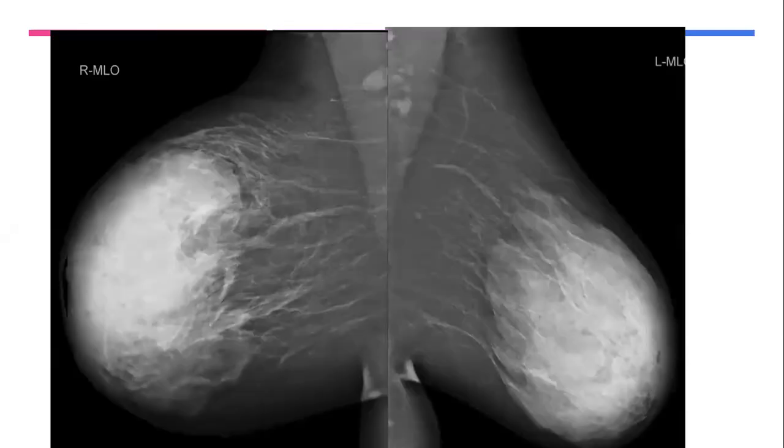Would you see any abnormality in this mammogram? Any appreciable findings? Asymmetry in the right breast. Where? In the right breast, global.